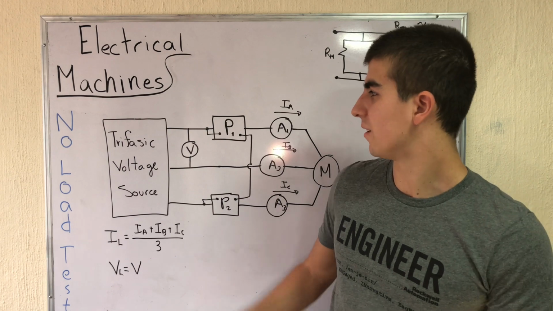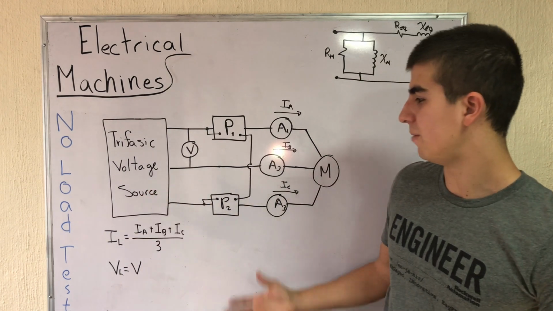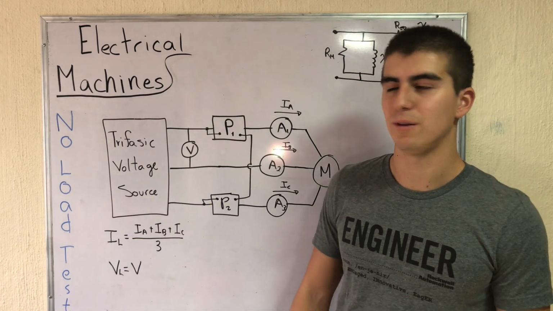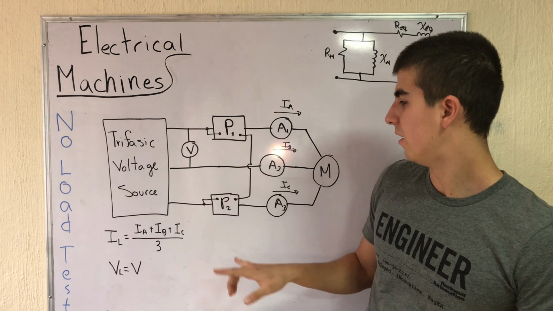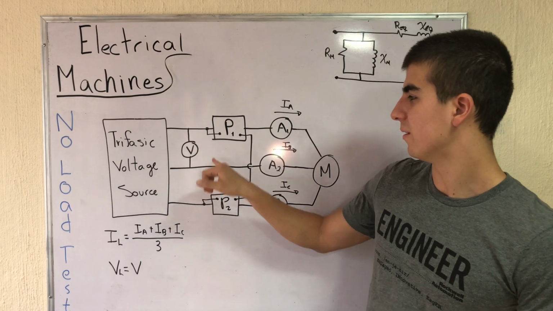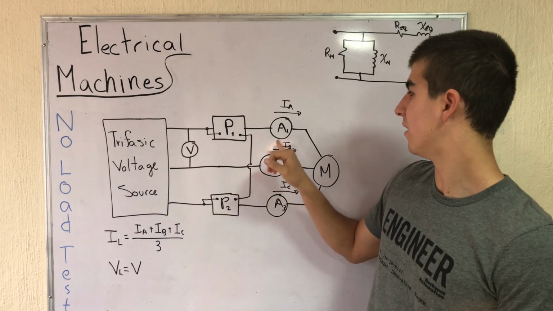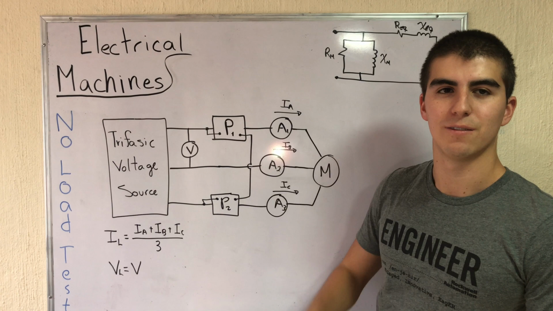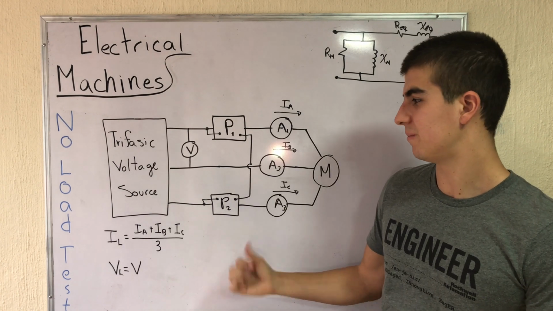For the test, the connection diagram should be like this one, where you would need to measure the power of two of the windings of the motor, as well as the line voltage and the three currents flowing through the windings.